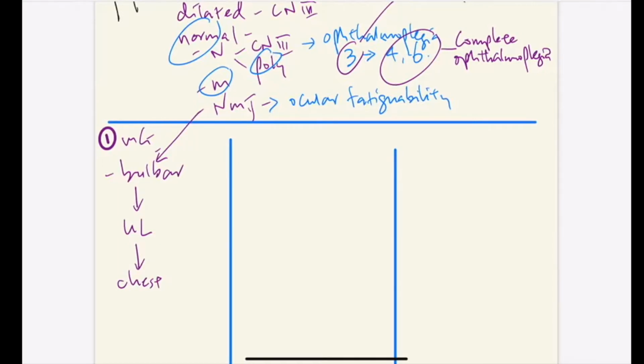If the instruction is to examine the cranial nerves, then you should complete the full set of cranial nerve examination from cranial nerve 2 to 12.